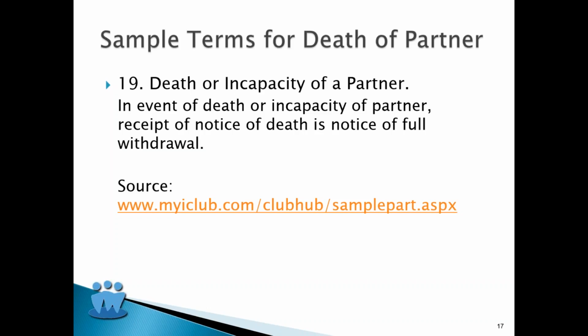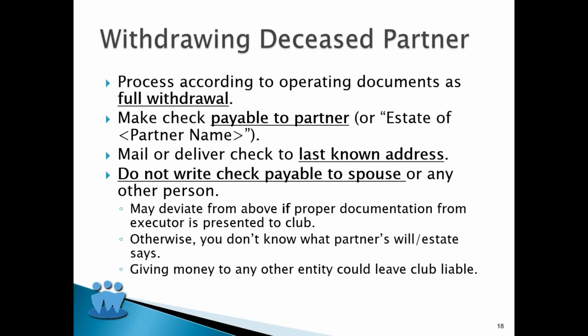Have every member be able to provide that, so you know who to deal with in the event of some of these circumstances. Now, when we're withdrawing a deceased partner, this is processed according to your club's full withdrawal procedures. So there's nothing different that you do for a partner who's passed away than you would do for any other partner who is fully withdrawing. The process is exactly the same in either case.